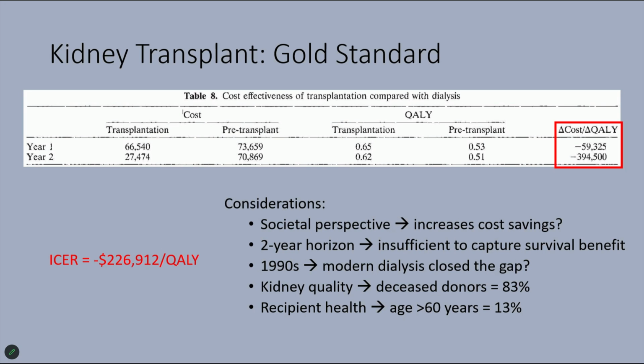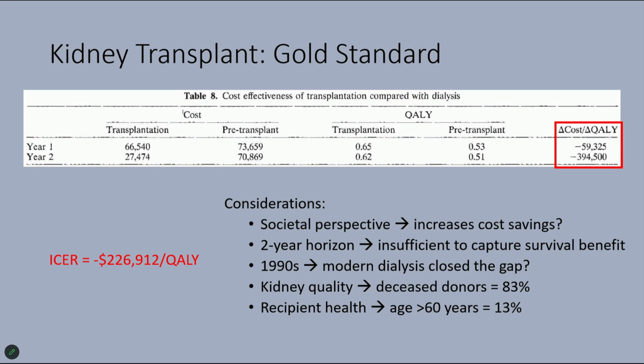However, they only consider a 2-year time horizon, which is insufficiently long to capture the differences in survival attributed to transplant. It's redundant in this case since the results are clear, but nonetheless, longer time horizons with survival benefit after transplant would further amplify the favorable ICER. And this highlights the impact of an appropriate time horizon for an economic evaluation.